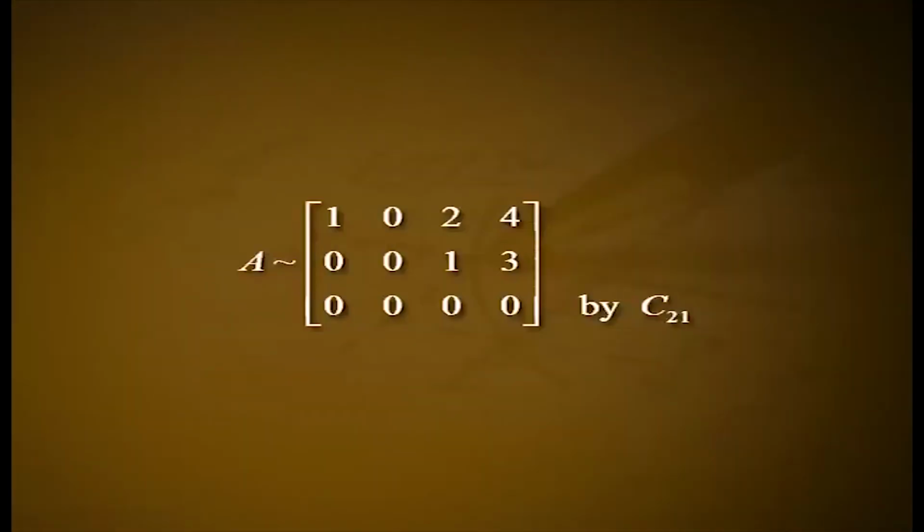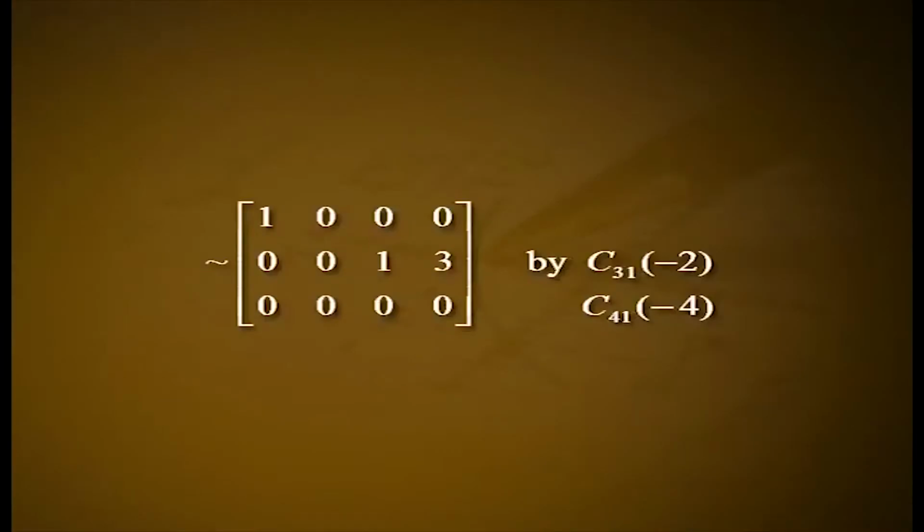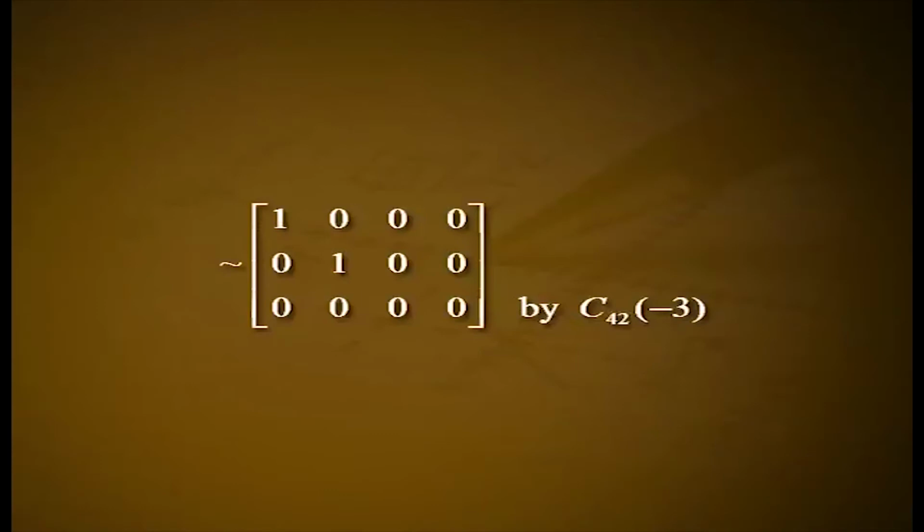Solution: A is equivalent to 1 0 2 4, 0 0 1 3, 0 0 0 0 by C2 1, which is equivalent to 1 0 0 0, 0 0 1 3, 0 0 0 0 by C3 1 minus 2 and C4 1 minus 4, which is equivalent to 1 0 0 0, 0 1 0 3, 0 0 0 0 by C2 3, which is equivalent to 1 0 0 0, 0 1 0 0, 0 0 0 0 by C4 2 minus 3. Hence, the normal form of A is I2 0 0 0.